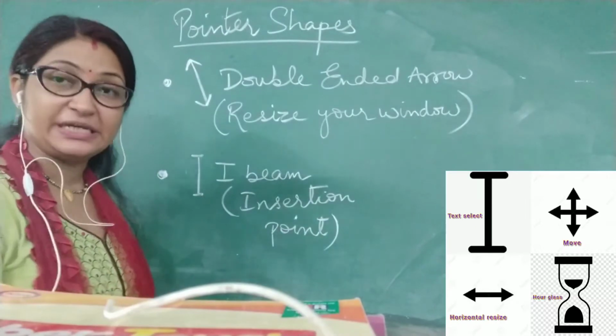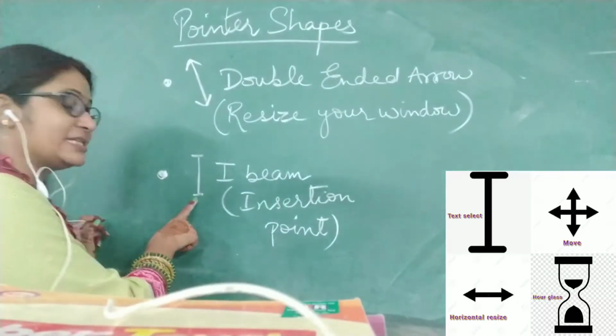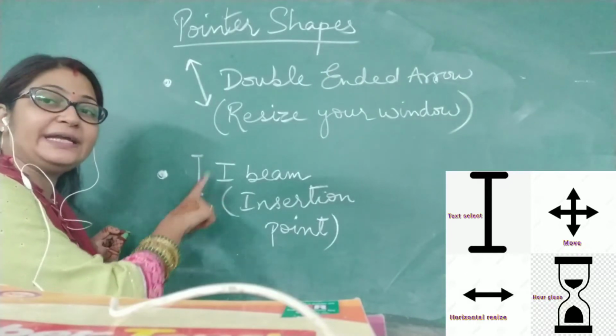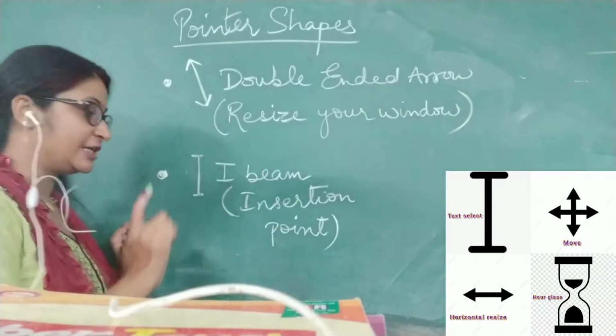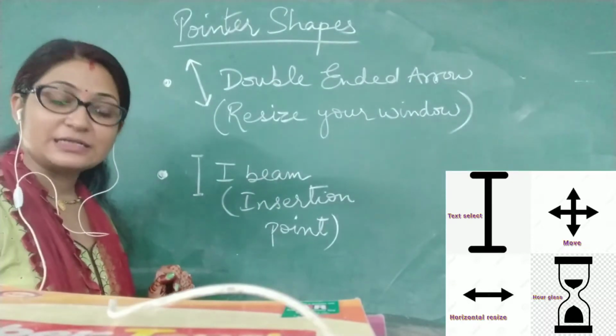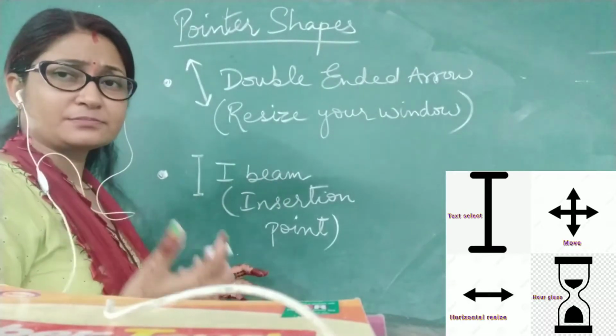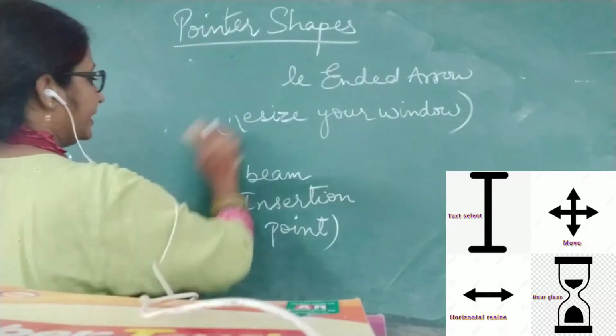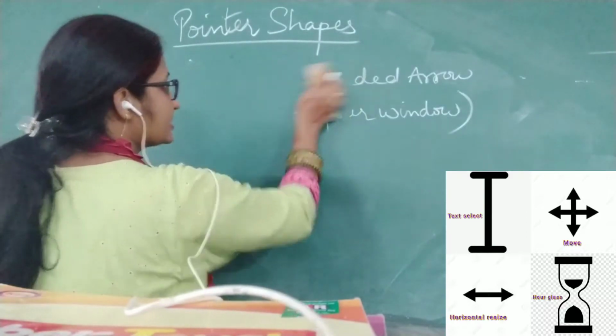Now, what does this mean? It means wherever you find such a sign on your screen, from there you can type your text. You can type your text wherever you find such a symbol or pointer on the screen.